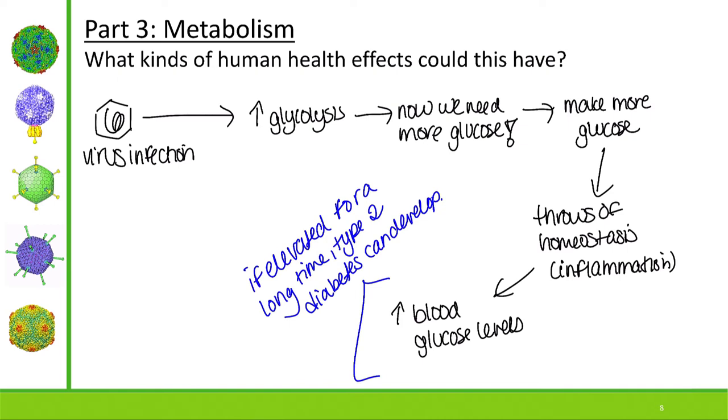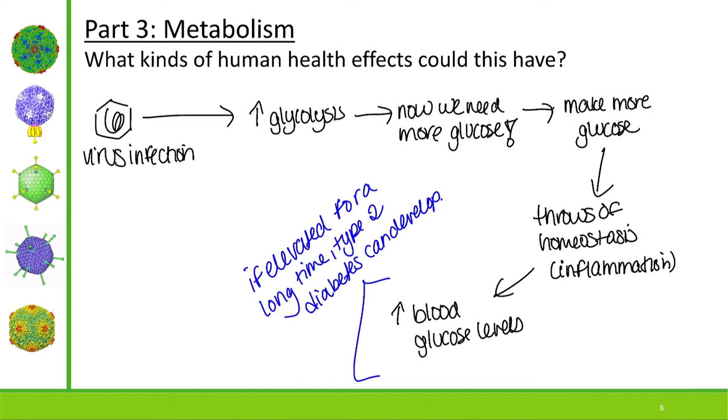In the case of hepatitis B, which is our Hepadnaviridae, although we haven't spent a lot of time talking about this family, in addition to the retroviruses, they are the other family of viruses that has reverse transcriptase, which means that they integrate their genome. So we're talking about latent infections here, a long period of time. And when blood glucose levels are elevated for a long period of time, this is why we see type 2 diabetes in many patients infected by these viruses.